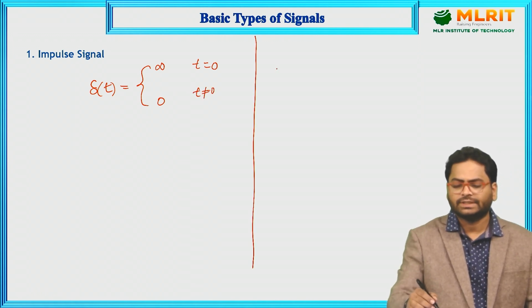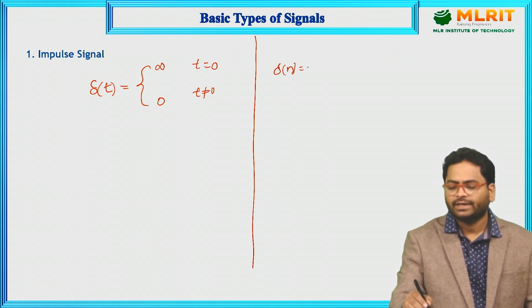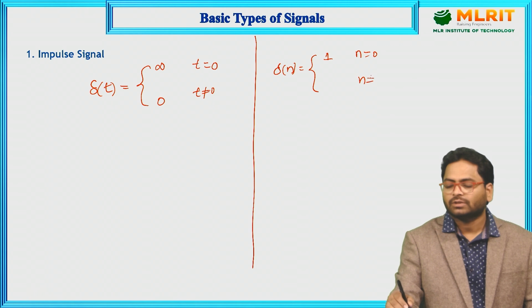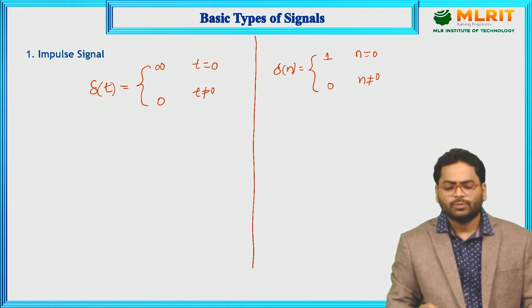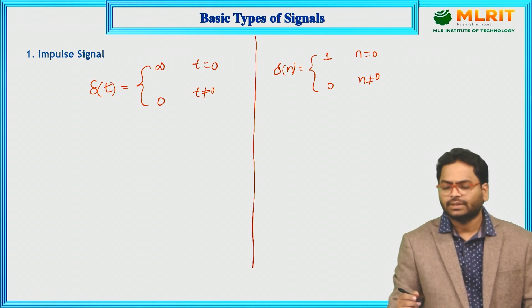For discrete time signals, it is del of n, where at n equals 0 the amplitude is 1, and at n not equal to 0 the amplitude is 0. These are the two representations: one in the continuous domain, del of t, and one in the discrete domain, del of n.